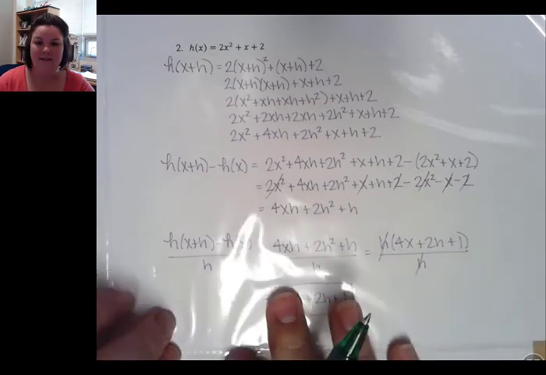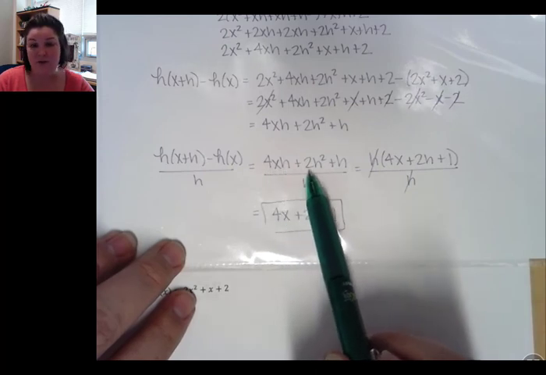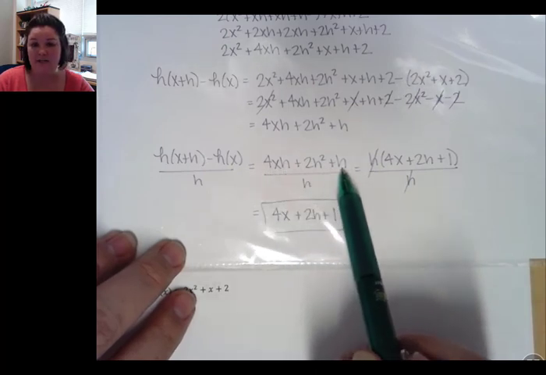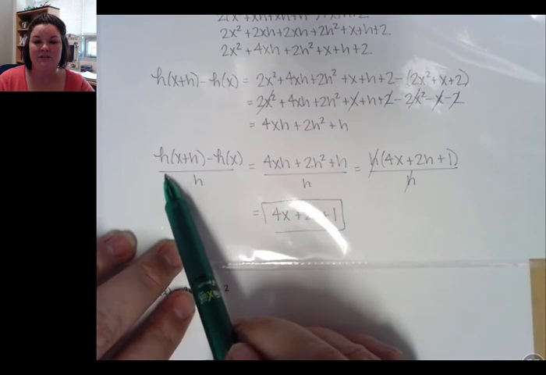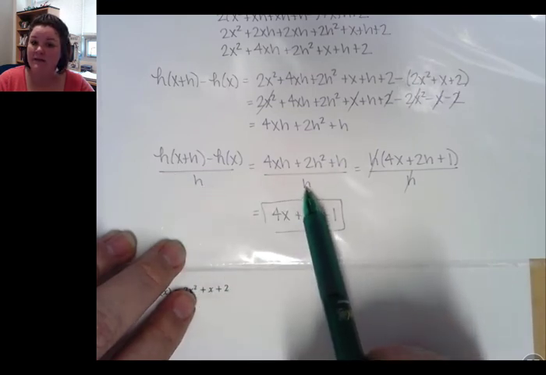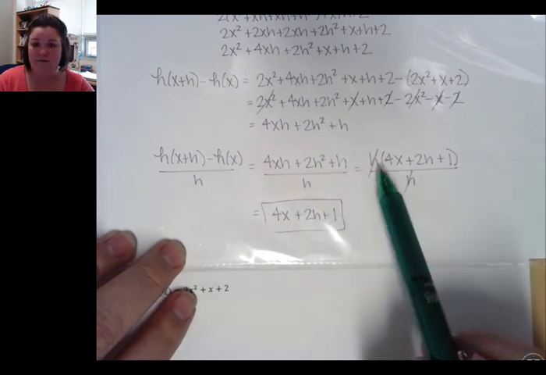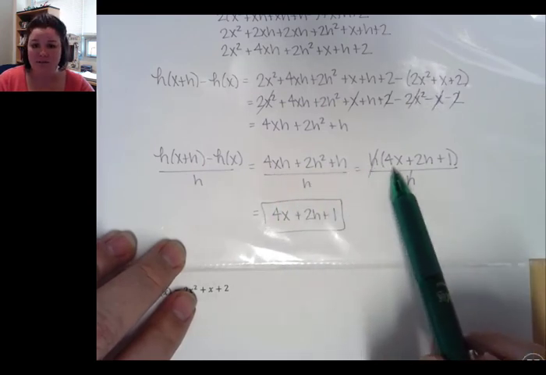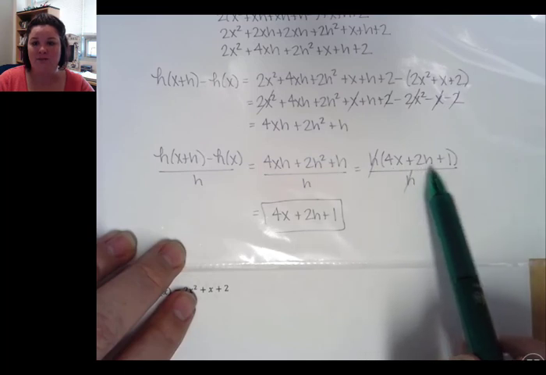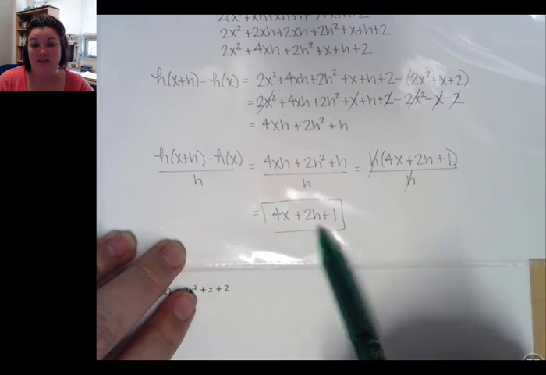Okay, that's going to leave us with 4xh plus 2h squared plus h, and then our third and final step is just to divide that by h. Okay, now again, good habit to first factor out the h off the top. So when we factor out an h, we're left with 4x plus 2h plus 1, and then our h's will cancel. So we're left with just that.